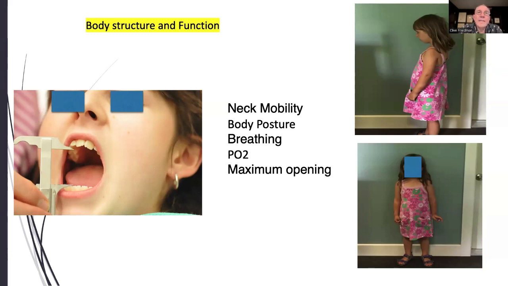So some of the baseline testing we want to do is neck mobility. Where is that? What's happening with their body posture? How is their breathing? And we evaluate their breathing automatically every time with pulse oximetry. And what is the maximum opening?